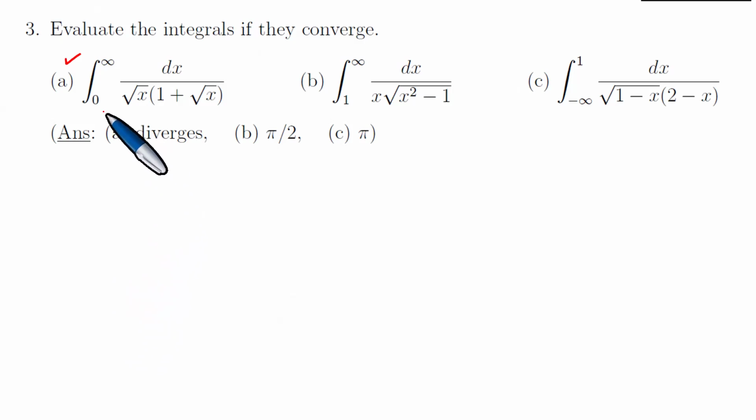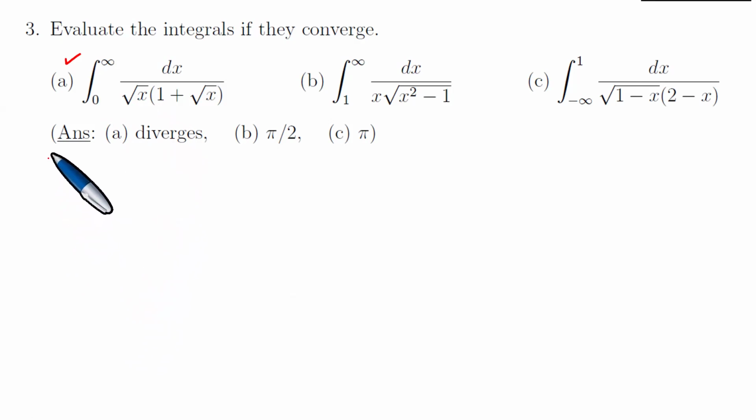To evaluate this, we need to look at the fact that 0 is problematic, because if you put 0 into the denominator, it becomes undefined. So 0 is a singular point. It's called a singular point.